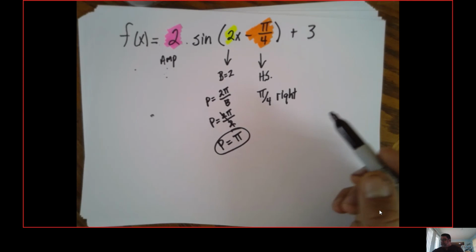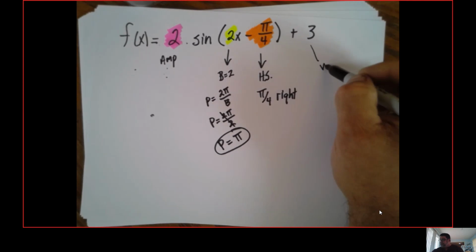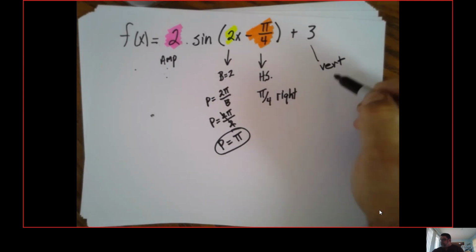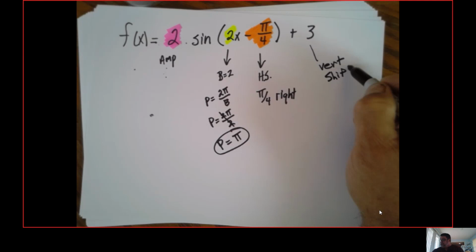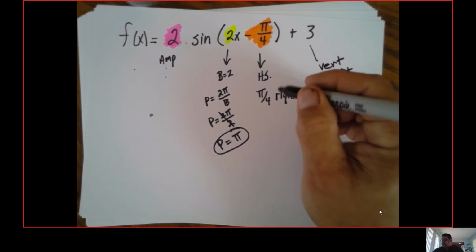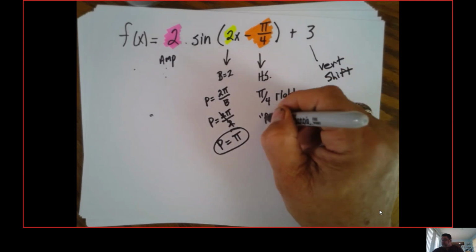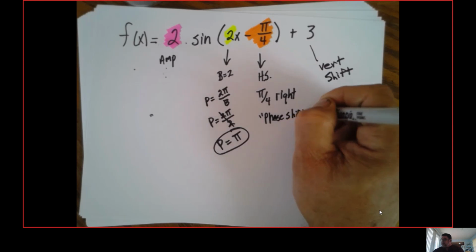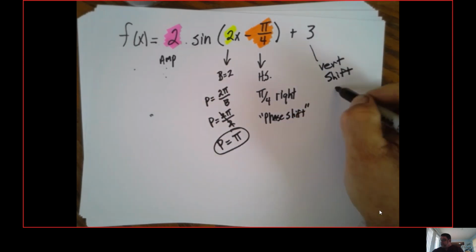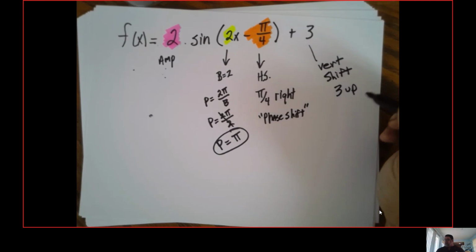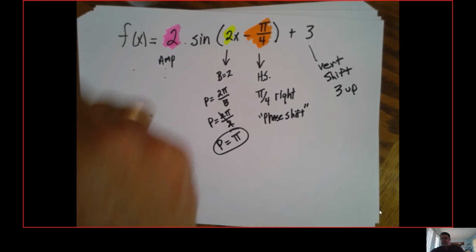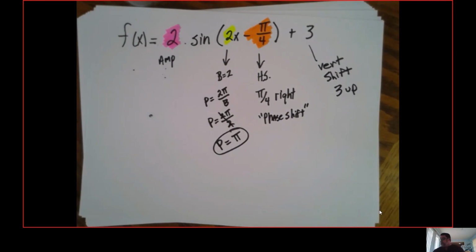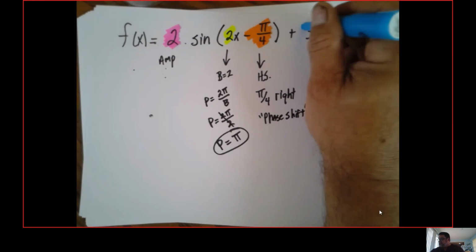And then this is your vertical shift. And this is also called the phase shift. And this is 3 up. And luckily, you don't have to worry about all that because the graph that they supply you with, all you have to do is type these in.